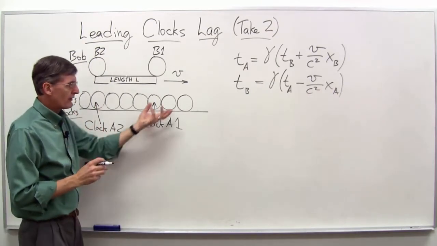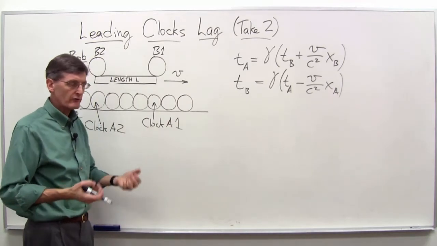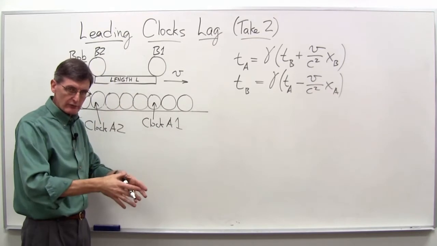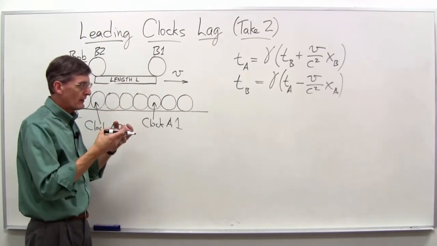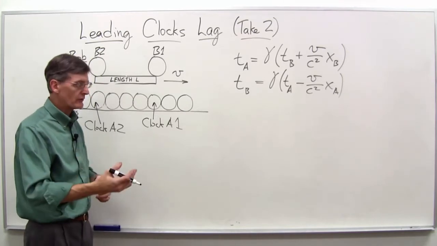Let's remember that these equations apply when we have a reference point. In other words, at some point where we say the time for Alice was 0, the time for Bob was 0, and the x location was 0 for both Alice and Bob.